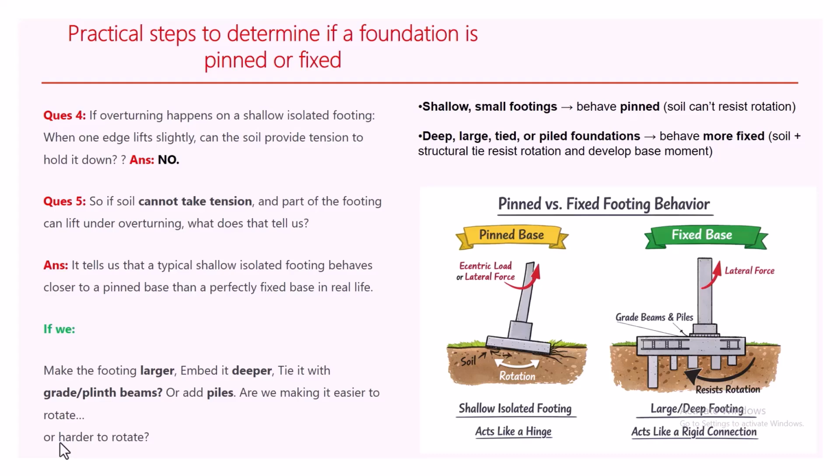But now, if your foundation is pinned, behaving purely as pin supported, you can make it behave like a fixed support by providing plinth beams, tie beams, or grade beams. When you have piles, it also makes it fixed supported.